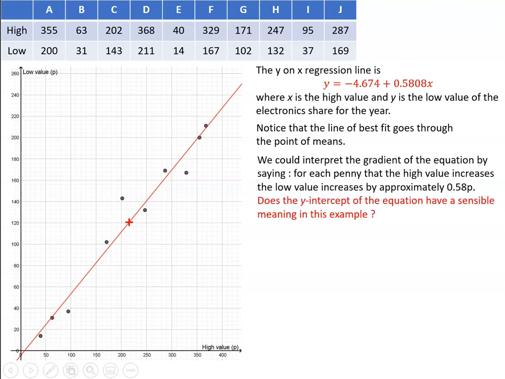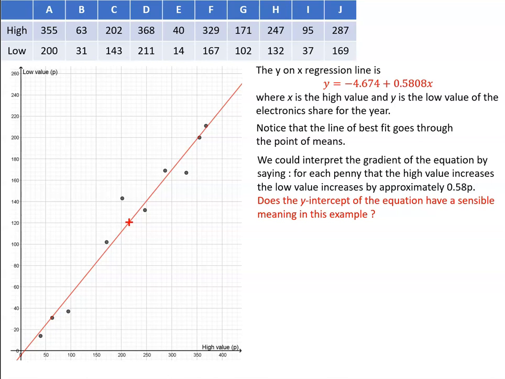It will always go through the point of means. Looking at the equation of the y on x regression line, we can see the gradient of that line is 0.58, and what that means is that for each penny that the high value increases, the low value increases by approximately 0.58 pence.